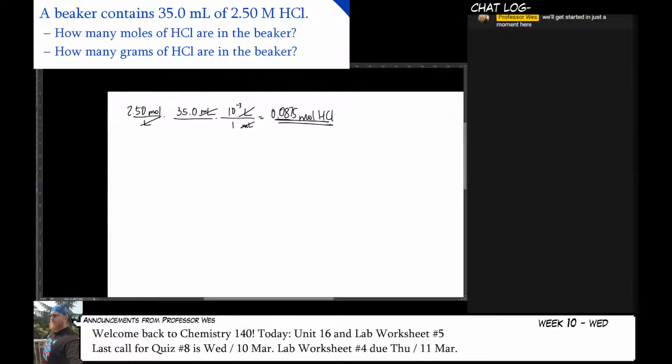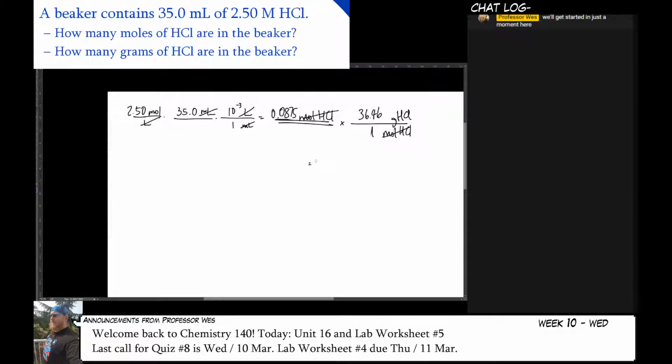That's the first answer. And then I want to turn this into grams of HCl. So we'll turn moles of HCl into grams of HCl. And I got to go to Lenntech to find that. HCl, 36.46 grams per mole.